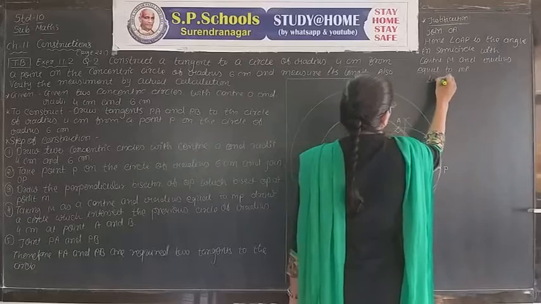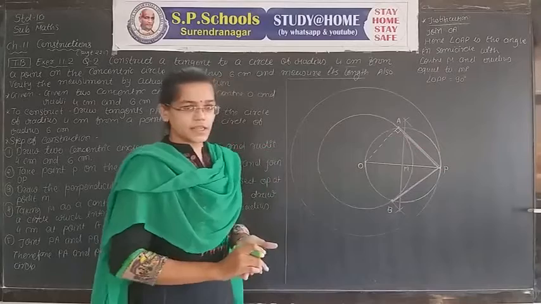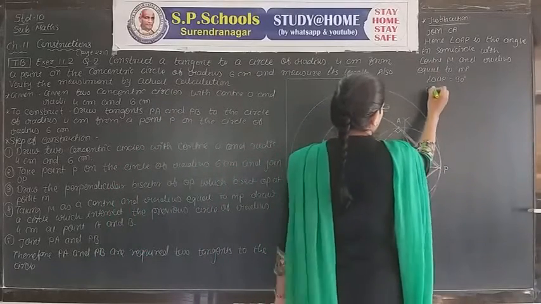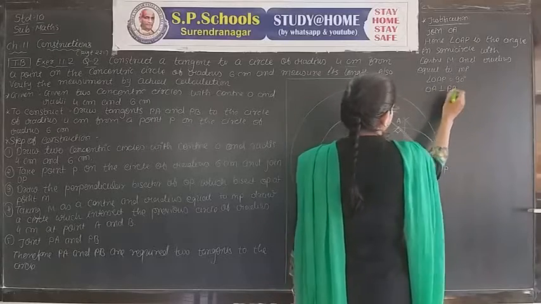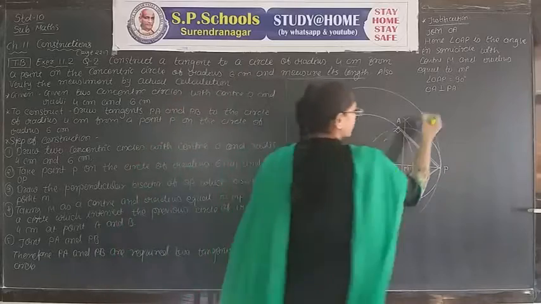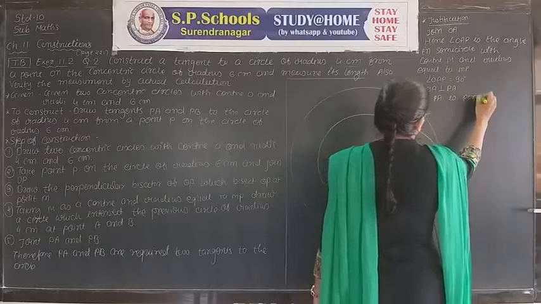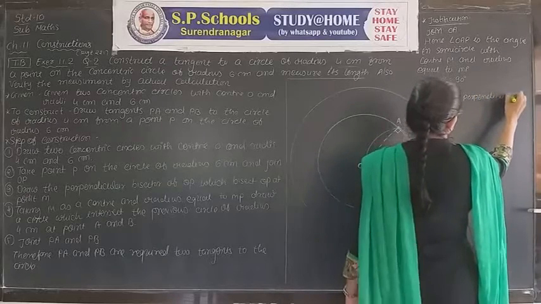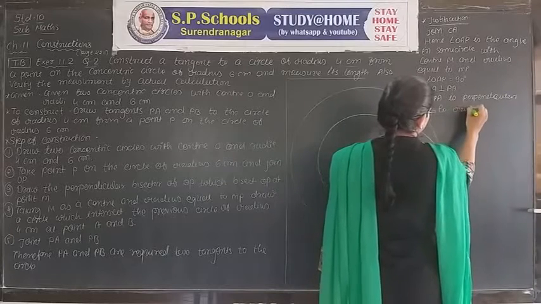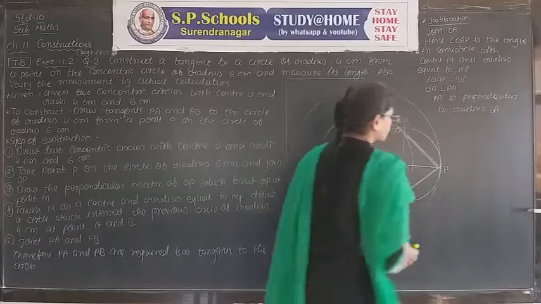Therefore, angle OAP is equal to 90 degrees, as we know the angle in a semicircle is always a right angle. That's why OA is perpendicular to PA. OA is a radius and PA is a line perpendicular to radius OA.